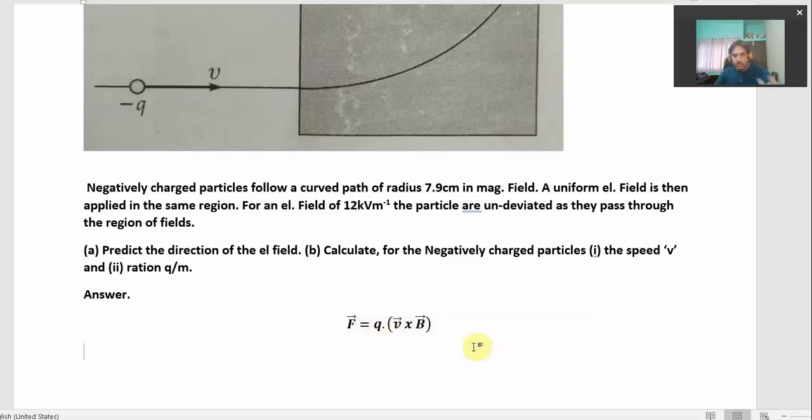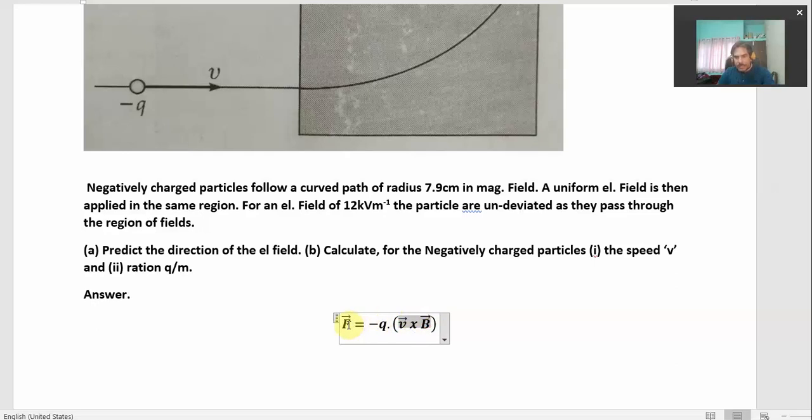So from here we understand that the magnitude of the force will be calculated in the same manner, but the direction of this force will be perpendicular to both V and B, and opposite to the direction of V cross B, because of the minus sign here.